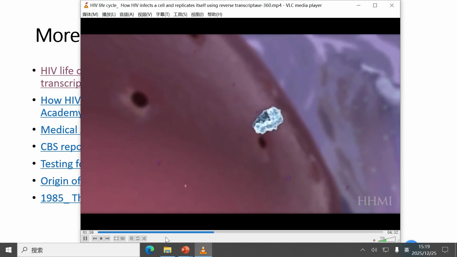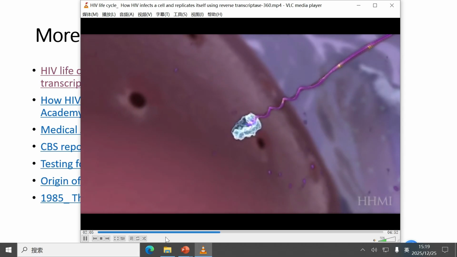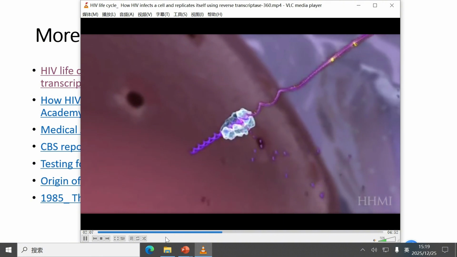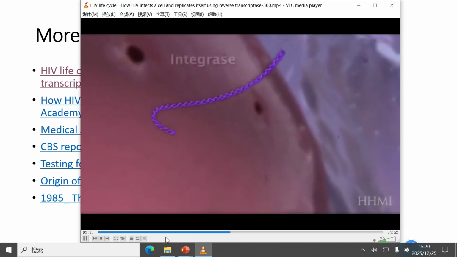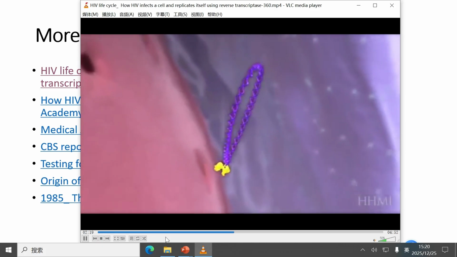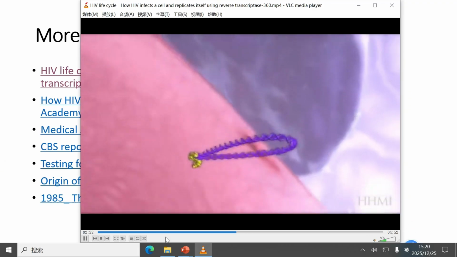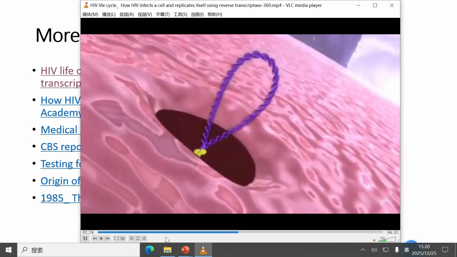It has very poor proofreading activity. That single-stranded DNA now is again reverse transcribed into a double-stranded DNA. At that point, another enzyme that has come in with the virus in the beginning, called integrase, essentially grabs hold of that double-stranded DNA and carries it through a nuclear pore into the nucleus of the cell.